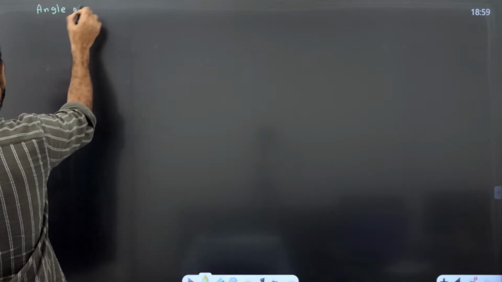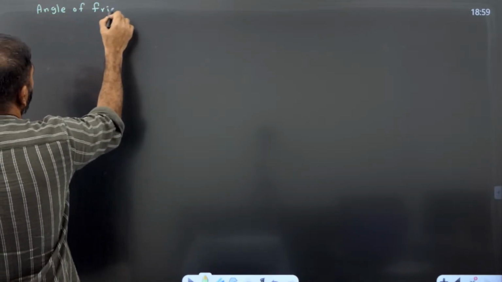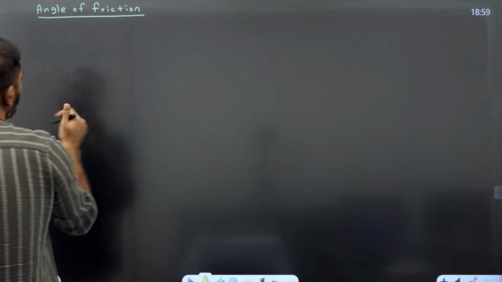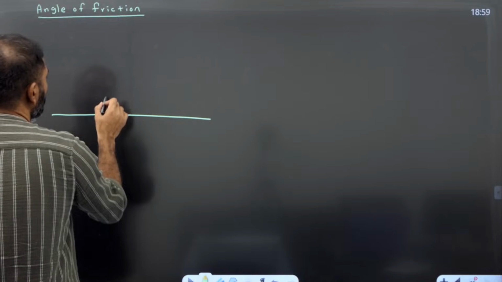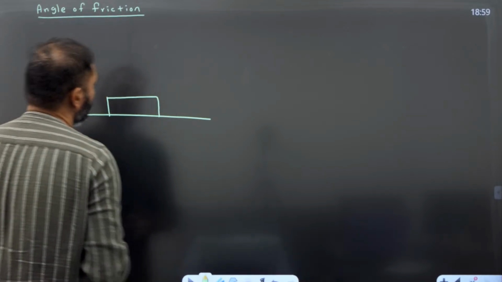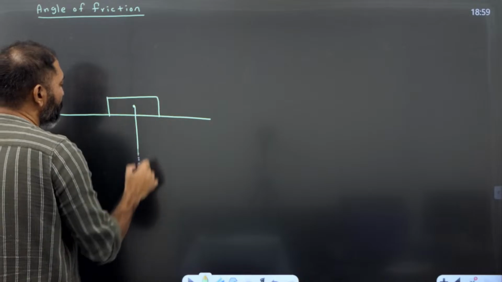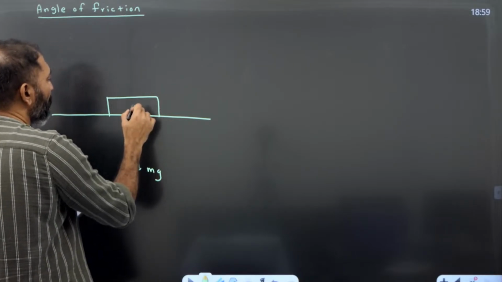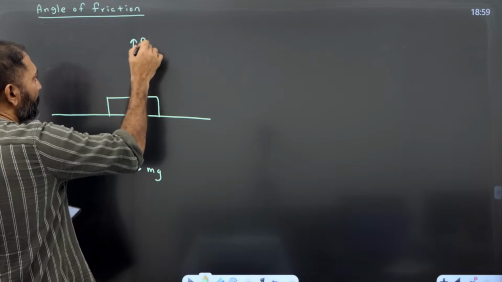The next topic is angle of friction. There is a surface and I am placing a box on top of the surface. Its weight mg is acting vertically downward. Normal reaction is acting vertically upward.